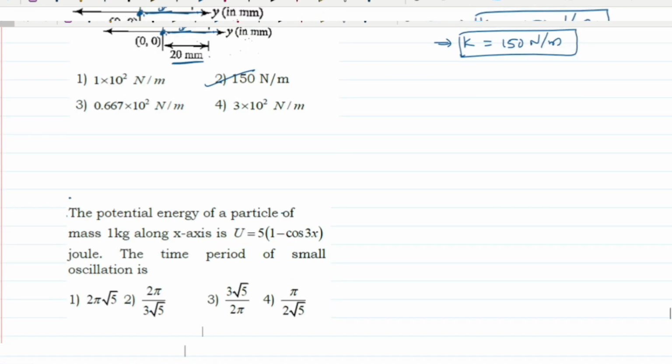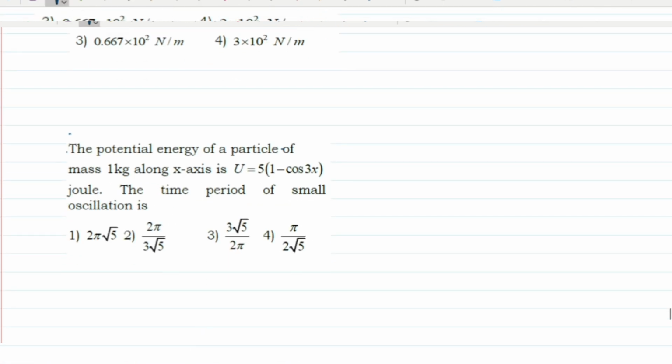Let us see the next question. The potential energy of a particle of 1 kilogram along the x-axis is given as U equal to 5 into 1 minus cos 3x. Simplifying, we get 5 minus 5 cos 3x. For conservative forces the formula is F equal to minus dU by dx.